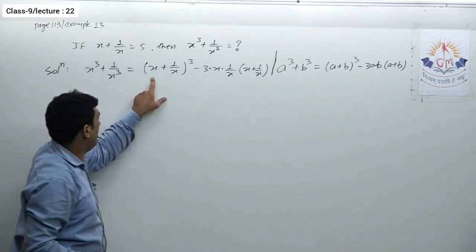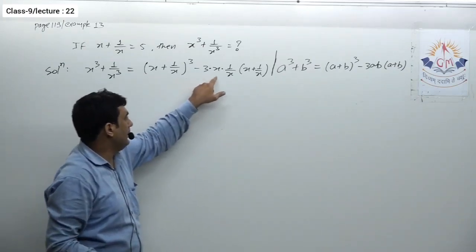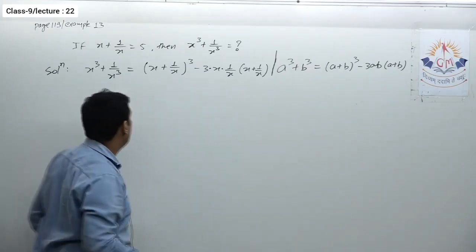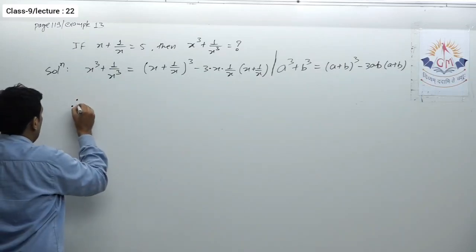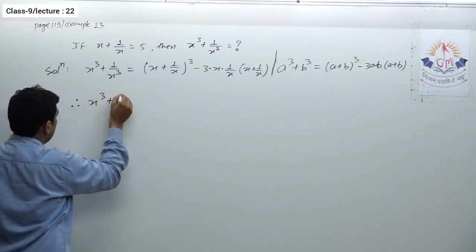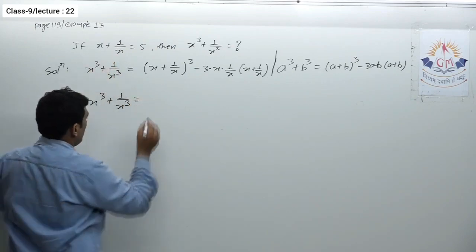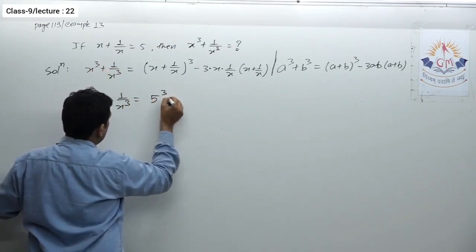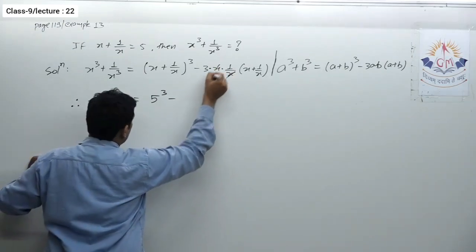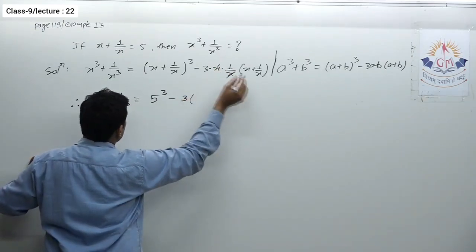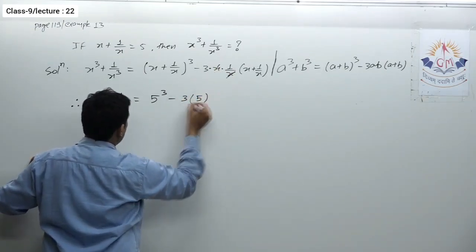So it is a plus b whole cube minus 3ab into a plus b. Let us see how to find it further. Now x plus 1 upon x is 5, minus 3, where x and x we can cancel, and again x plus 1 upon x is 5.